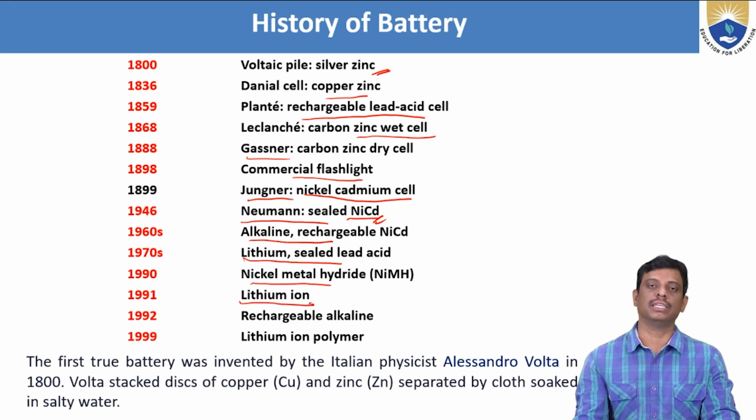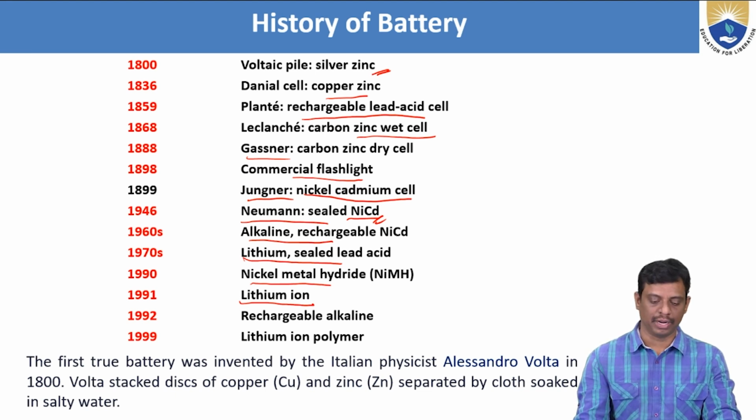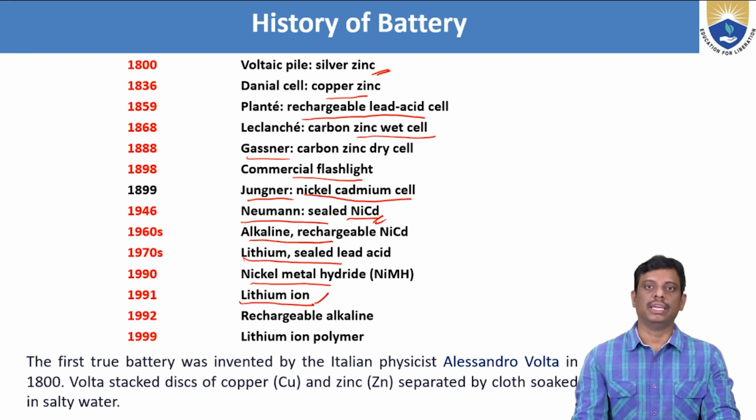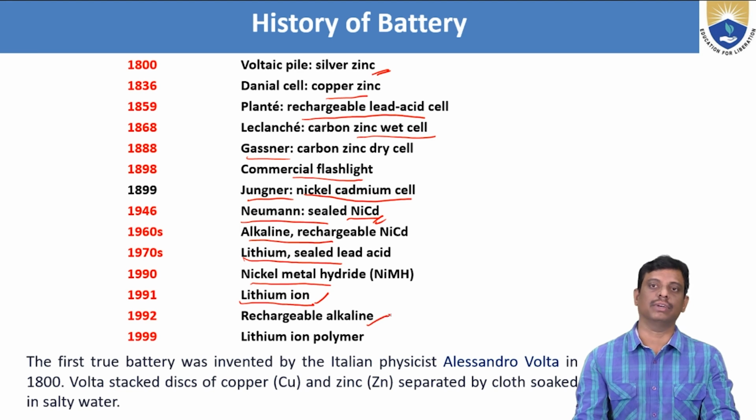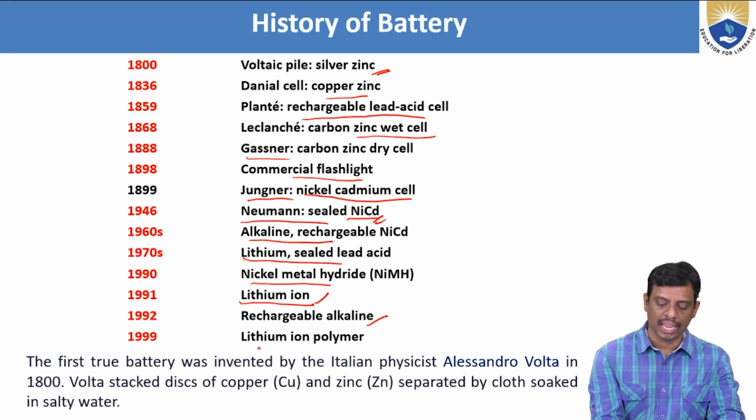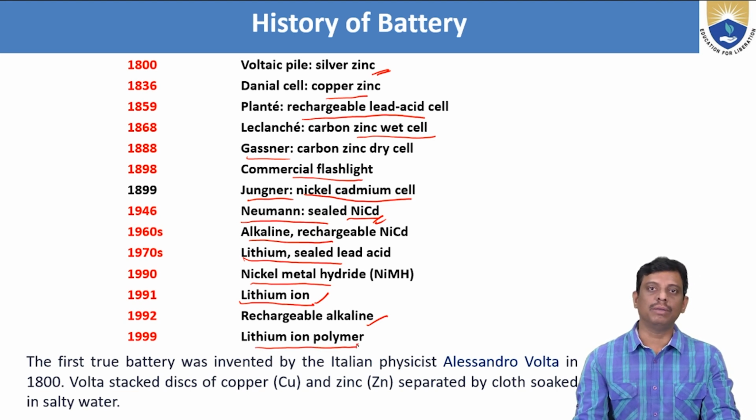We know how much importance the lithium ion battery has nowadays. It was invented in 1991. In 1992, rechargeable alkaline batteries were invented. Alkaline metals are among the most versatile in battery history. And in 1999, lithium ion polymer batteries were invented. This is one of the revolutions in battery history.